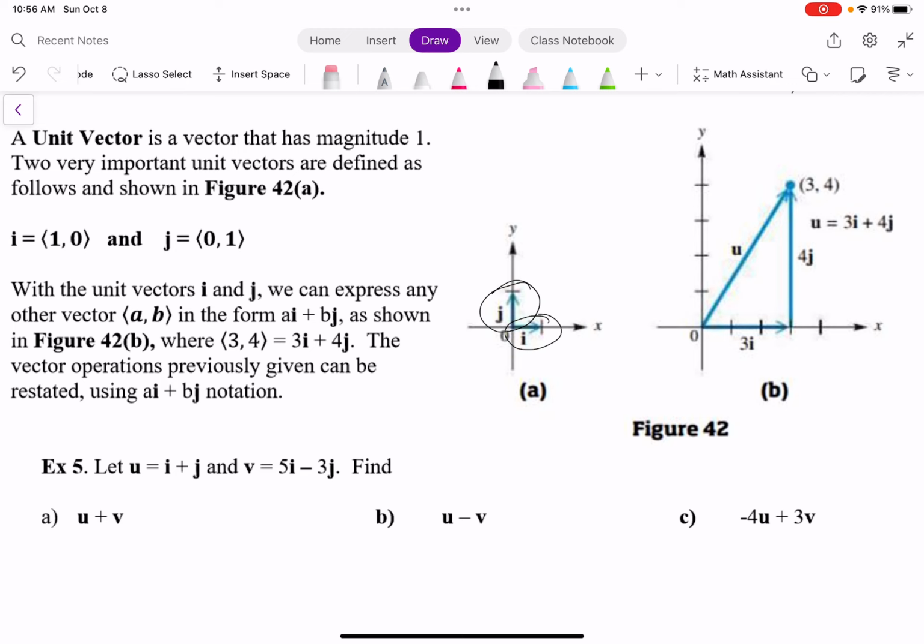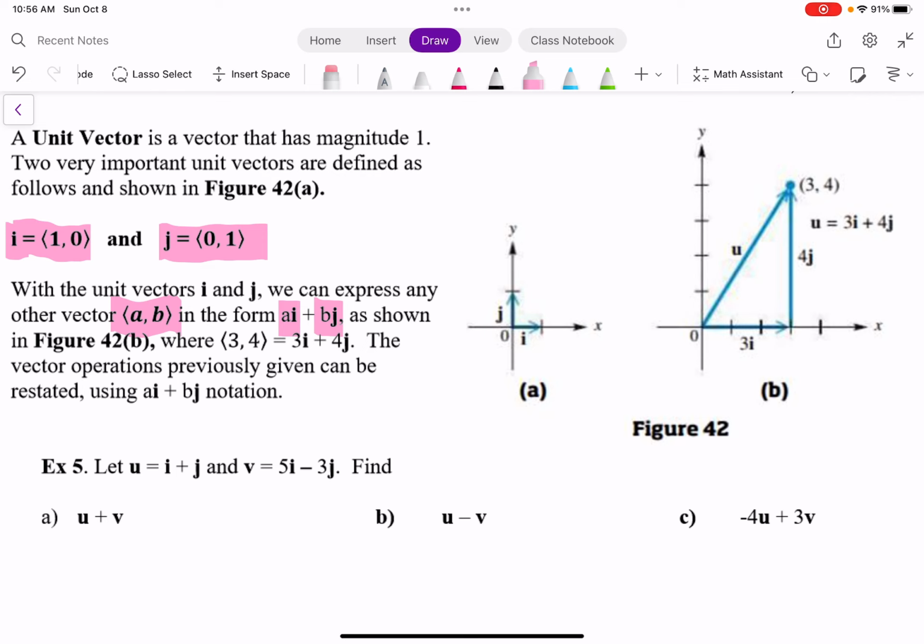So every vector can be rewritten in terms of the unit vectors i and j. If I have a vector a, b, in the unit vector form it is a times the horizontal unit vector i, plus b times the vertical unit vector j.